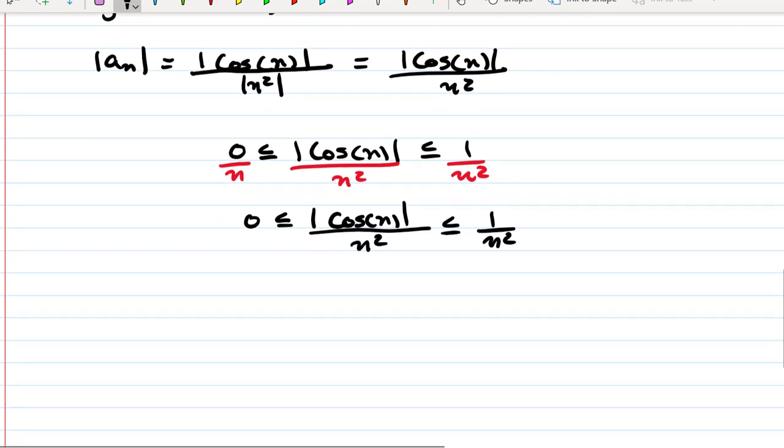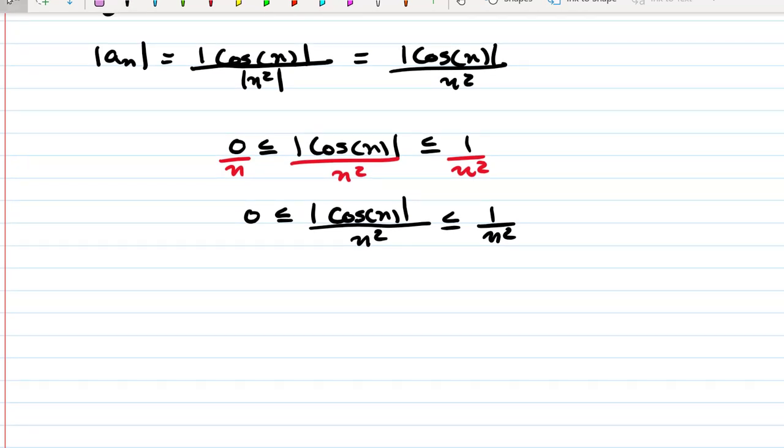Then we'll notice that we have the following.